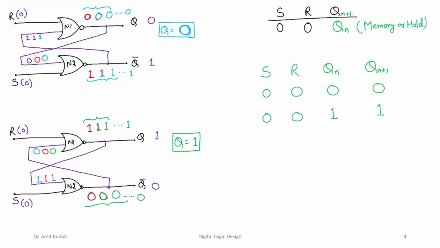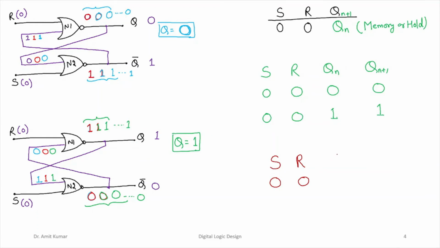What basically this means is the output terminal will retain the same value which is present there before the application of these two inputs, 0 and 0, that is S is 0 and R is 0, right? So this is how we can understand this third case wherein the inputs S and R have a value 0 0.